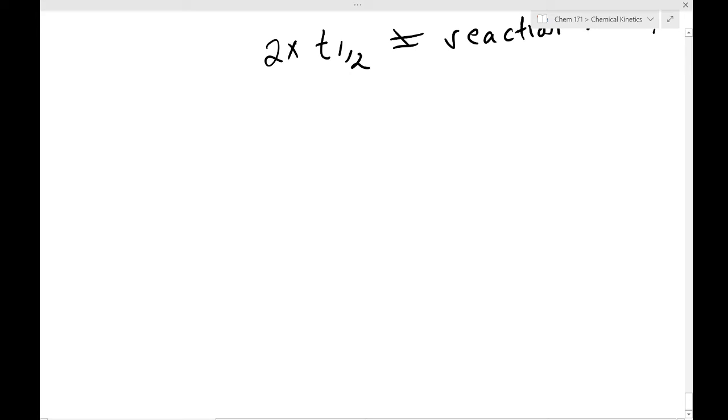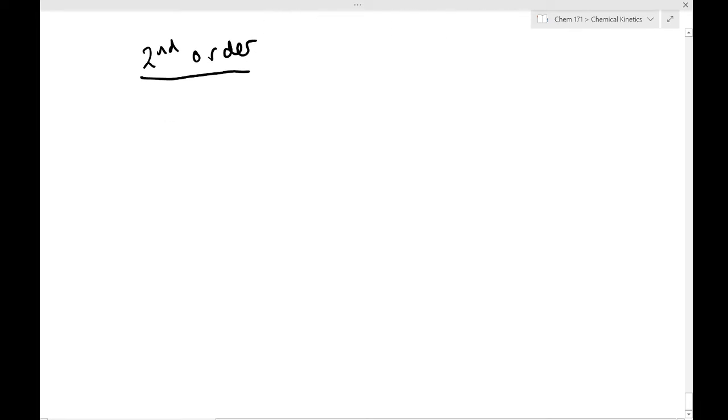Okay, let's do second order now. That was first order. Let's do second order. If we start out with the rate law for second order processes, the integrated rate law looks something like this: 1 over [A] equals kt plus 1 over a naught.